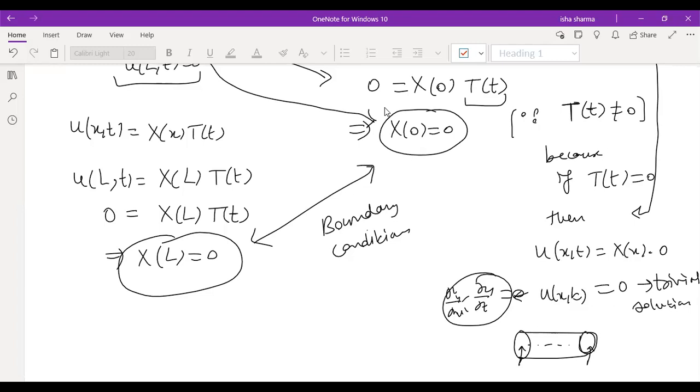Therefore, because the product of two numbers is zero, I have written capital X at 0 into T is 0. If T is non-zero, this has to be 0. Similarly, X at L also has to be 0, because we are looking for the non-trivial solutions of the differential equation. Right? Do not get confused with the word trivial, non-trivial if you don't want to remember that as a word.